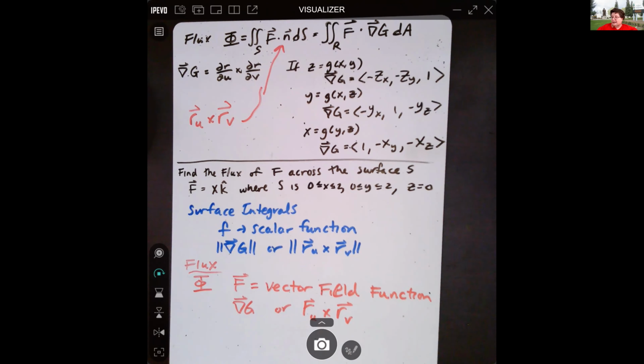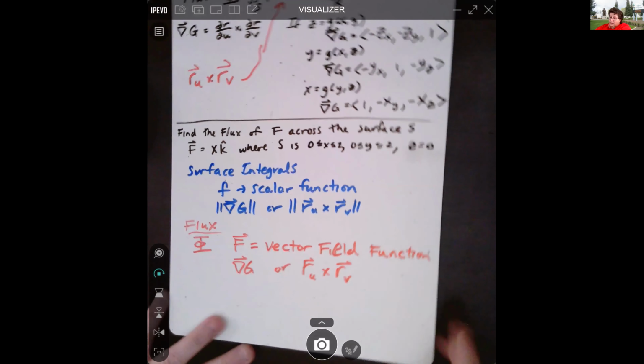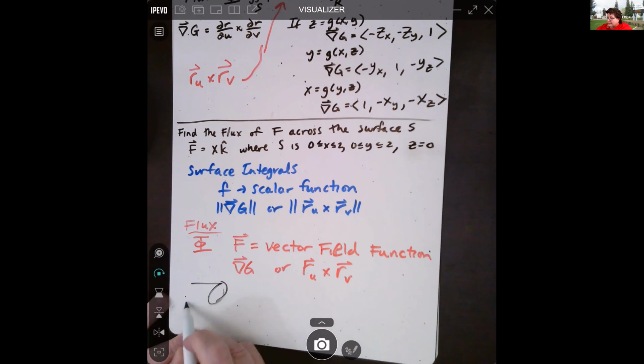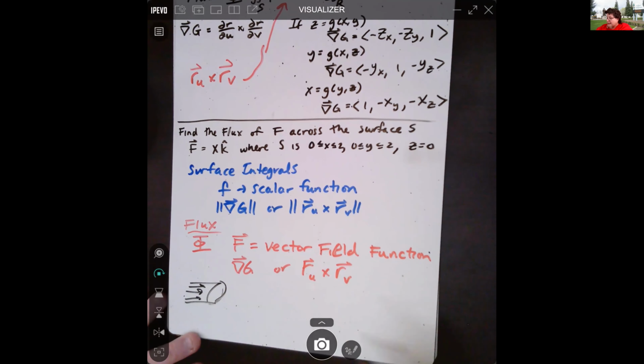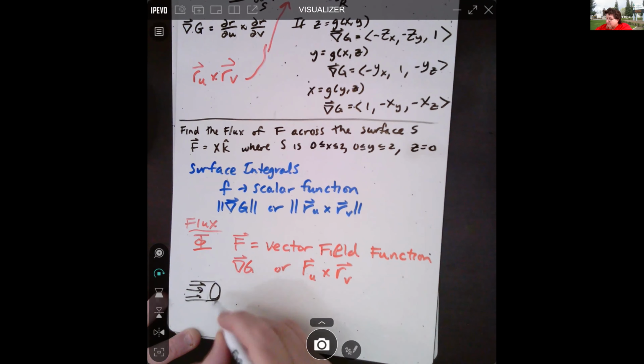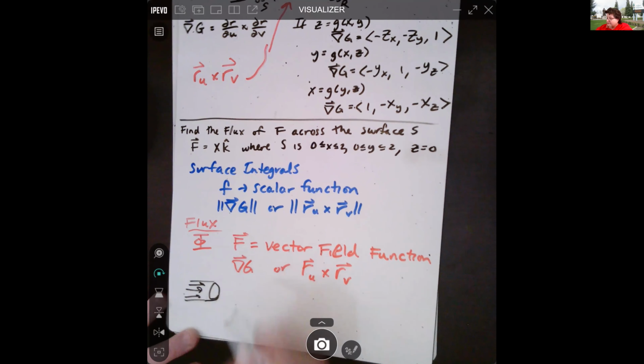The idea of flux, real quickly, for those that didn't watch the video: say you've got some pipe and water's coming out the end, so we've got a vector field of fluid flowing through the pipe. Flux measures the amount of fluid that goes through a surface.